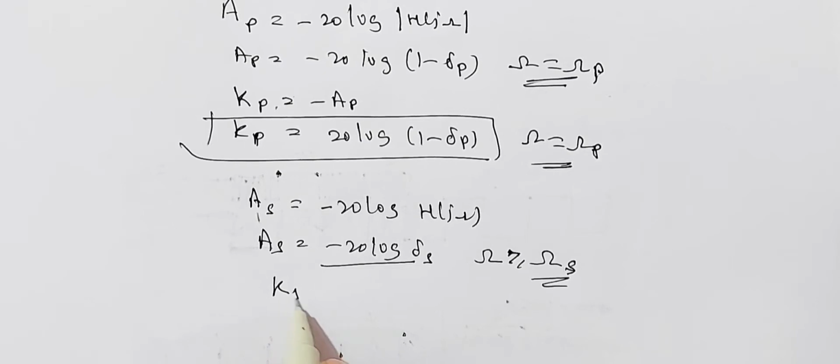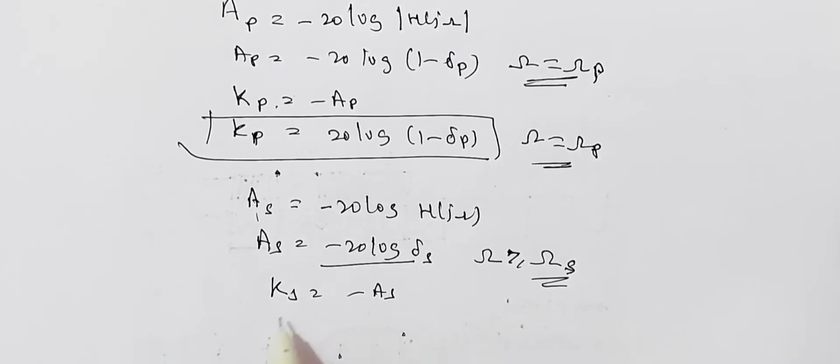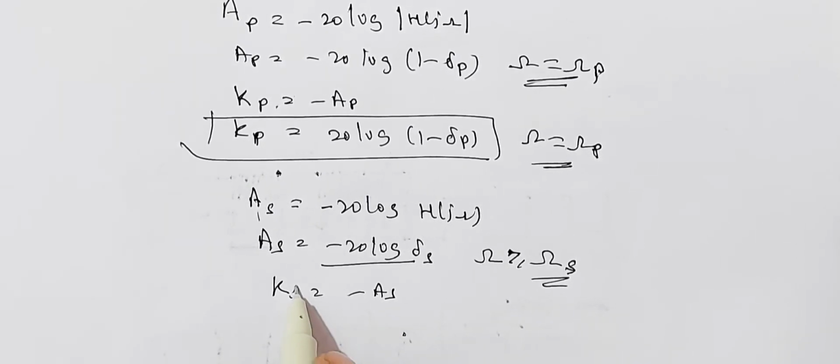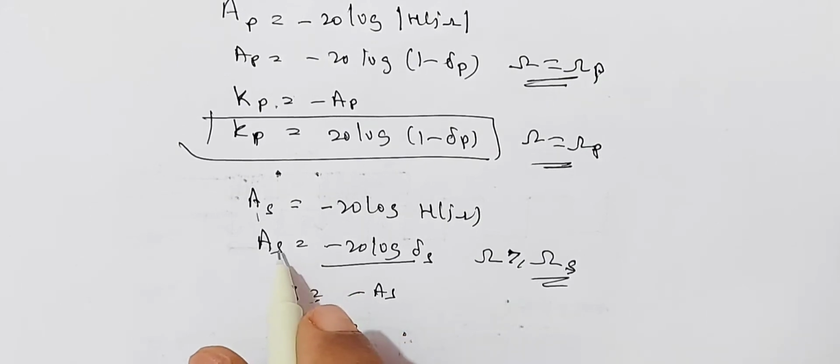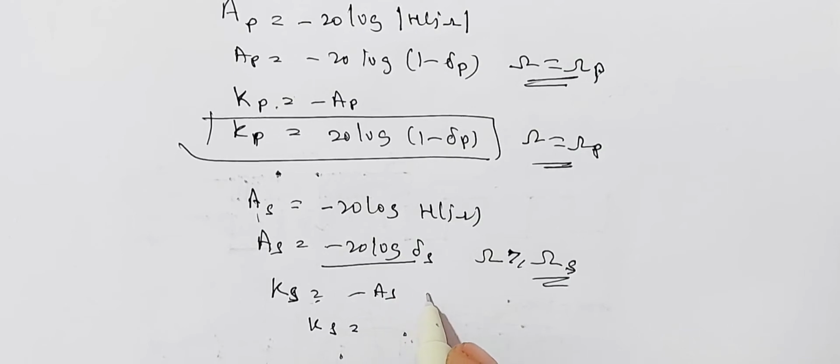And Ks is equal to minus As. Stop band gain is represented by Ks, which is given by minus As. Then Ks is equal to minus of minus. As means minus 20 log delta s. Minus of minus 20 log delta s gives plus 20 logarithm of delta s.